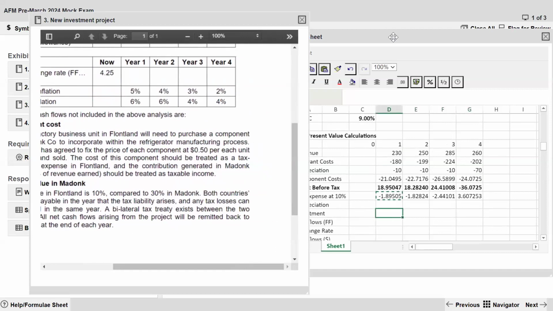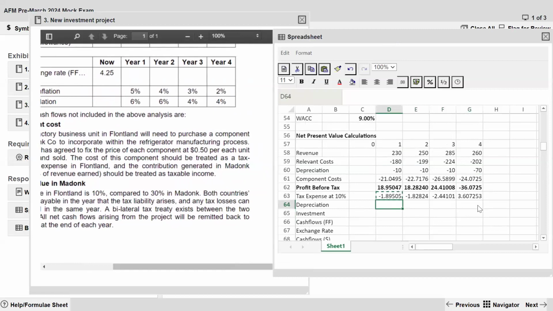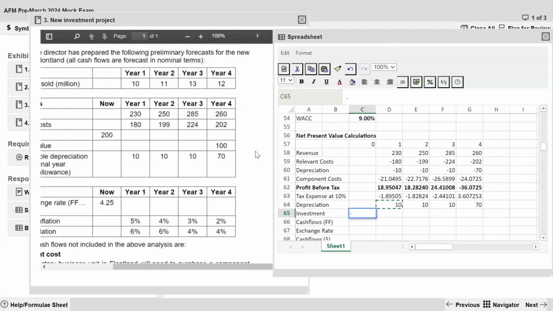So tax losses can be relieved in the same year, so there's going to be tax benefit. Now the same depreciation that we deducted, we need to add it back. The investment is going to be of 200. The residual value is going to be of 100. So we've got the cash flows in terms of this FF.